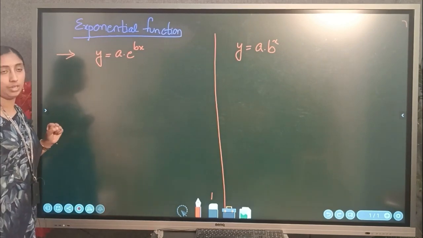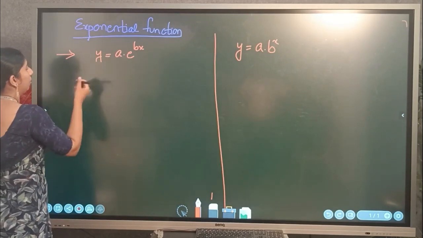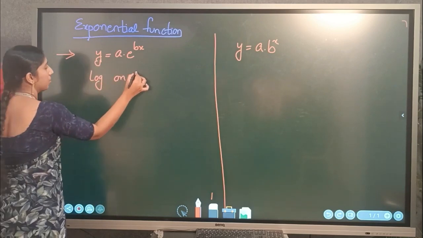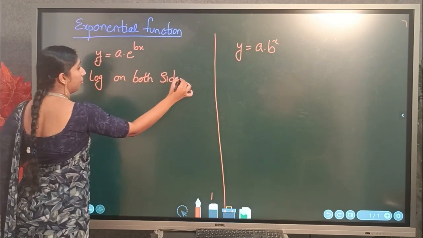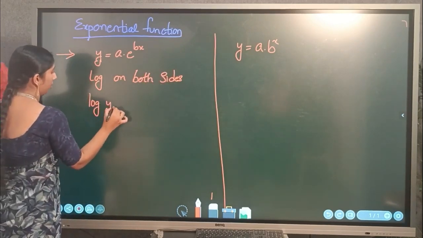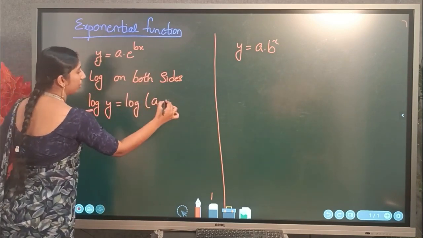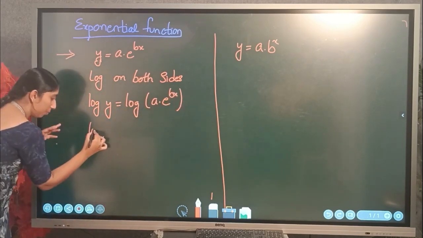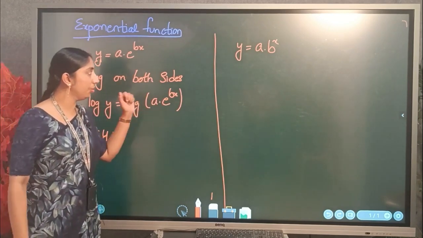For this, you have to apply logarithm on both sides. For this, what you will get: log y is equal to log of a into e power bx.